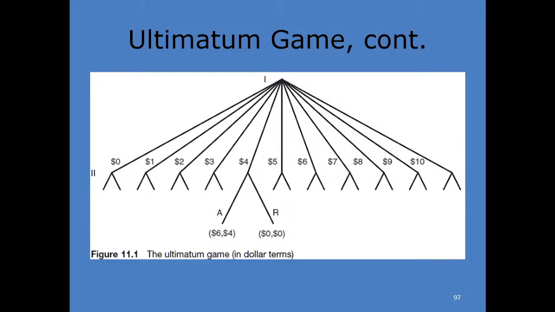For instance, if you take this branch here, player 1 offers 40% to player 2 and 60% to self. And again, player 2 has the option to either accept, in which case player 1 goes home with $6 and player 2 goes home with $4, or reject and both go home with 0. This is how you visualize it.